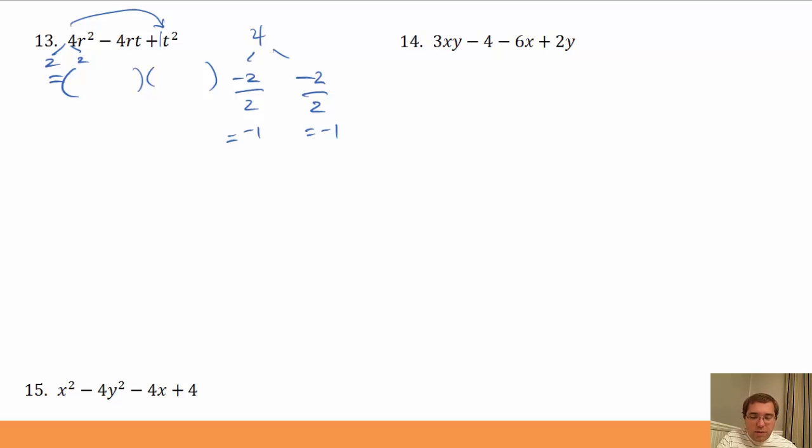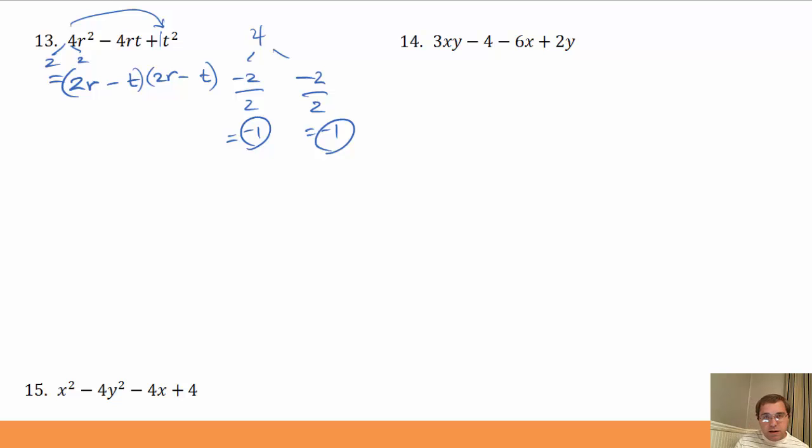Since I divided both of them by 2, the first terms in each set of parentheses need to have a 2 in them. And they're both going to be 2r, so that when I FOIL it, I'll have 2r times 2r, which gives me the 4r squared. Okay? The last term of each one needs to have a t, so that when I FOIL them, I get a t squared. Both of those are going to be negative 1t, because I got negative 1 when I divided by 2 over there on the right.